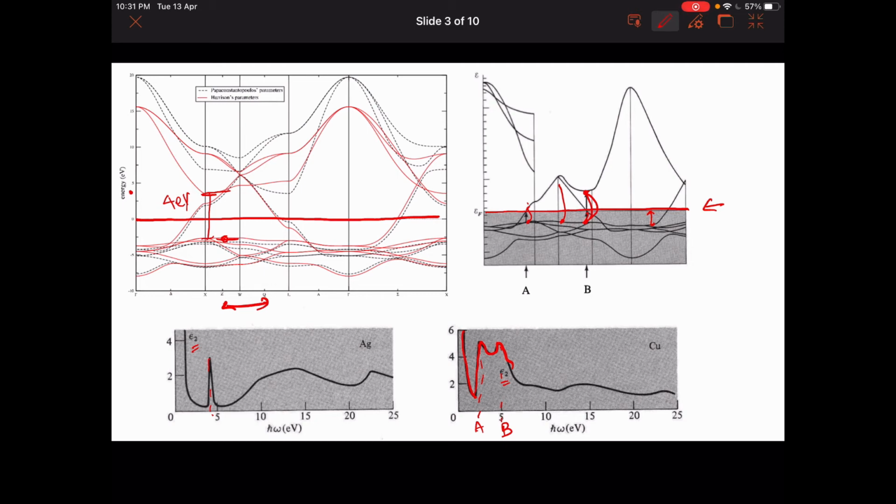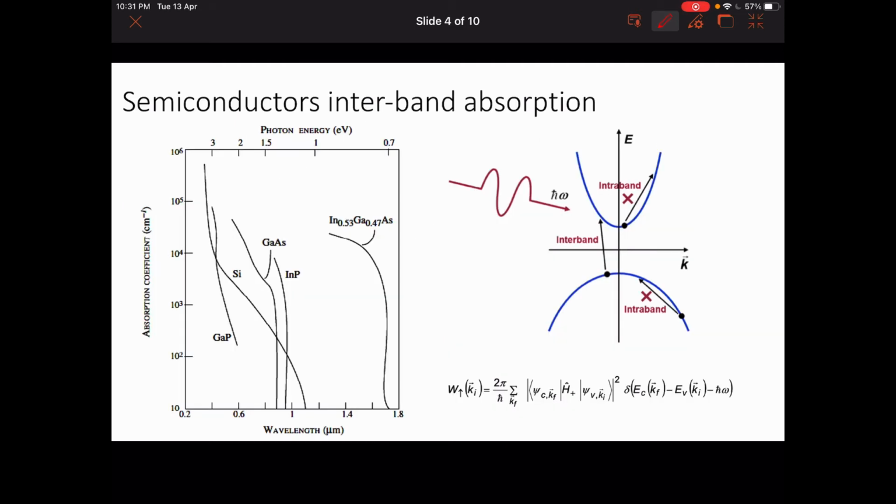While these things are observed in metals, in semiconductors this is even more prominent, right? Let's take for instance indium phosphide, gallium phosphide, and gallium arsenide. The absorption coefficient, once again this is epsilon 2, or can also be proportional to k. Both of these things are interchangeable.